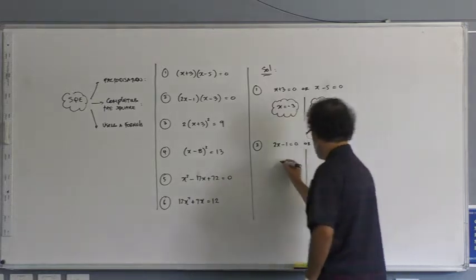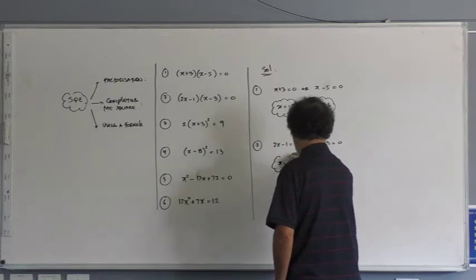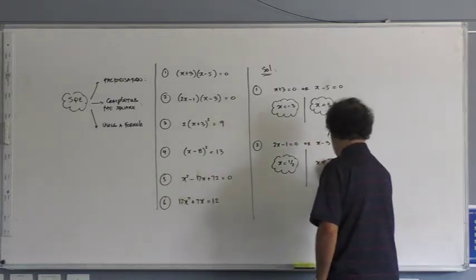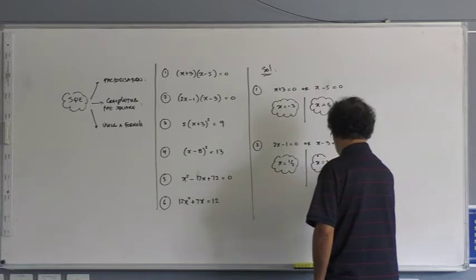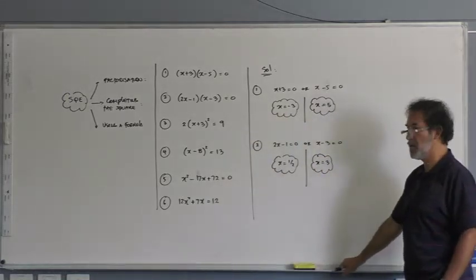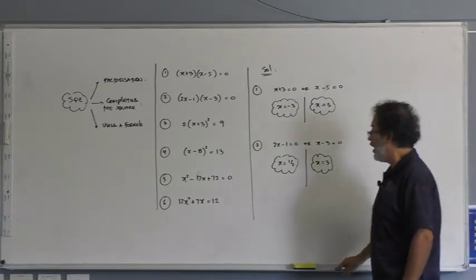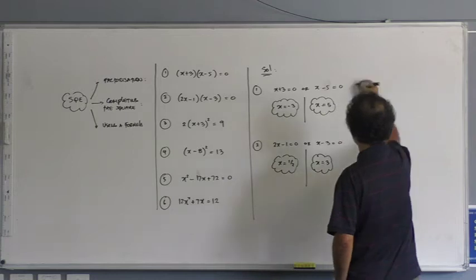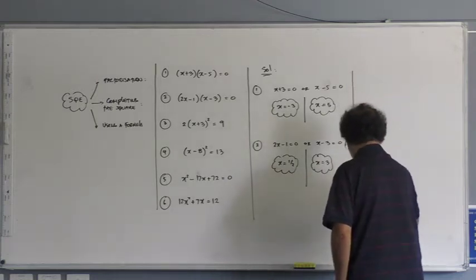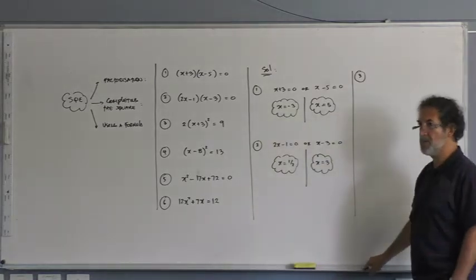So from here we're going to have that x is equal to half, and from here we have that x is equal to 3. That's it. Okay, question 3 is a little bit different, but in this case it's equally easy.